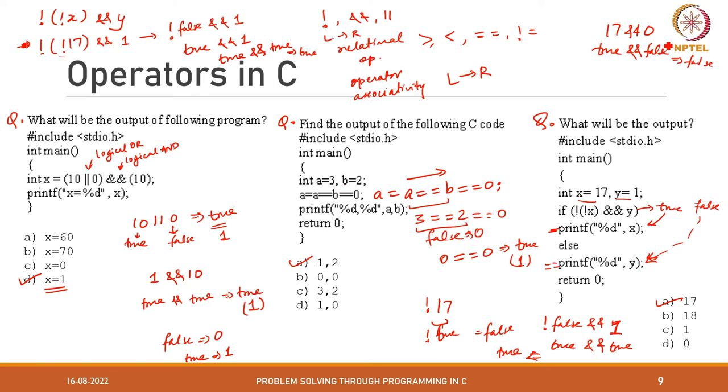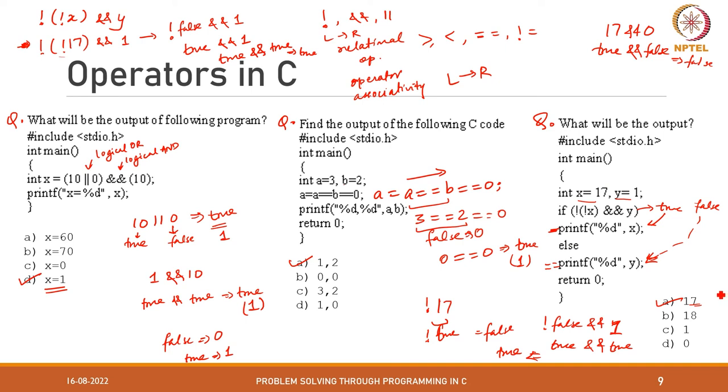In all other combinations, it will be false. Yes, you are correct. Here both are true, so this AND operation will return true, and true means this first statement will be evaluated, which is printing x. So x is printed, 17. So 17 will be your answer.